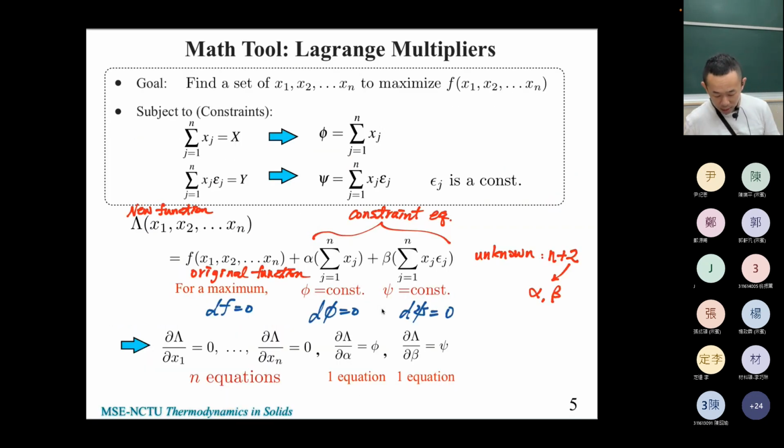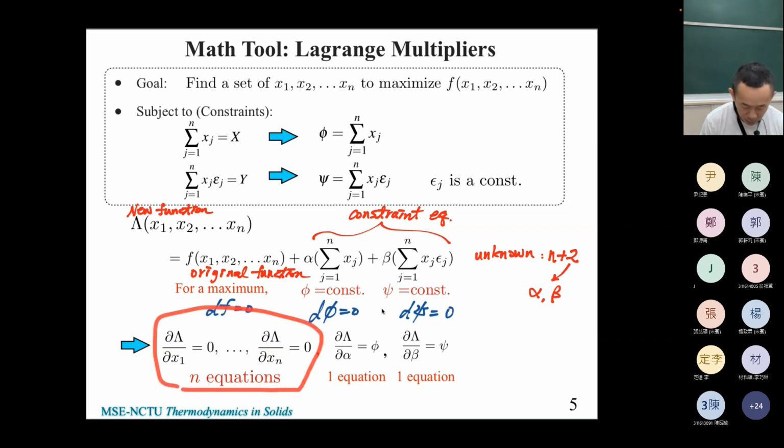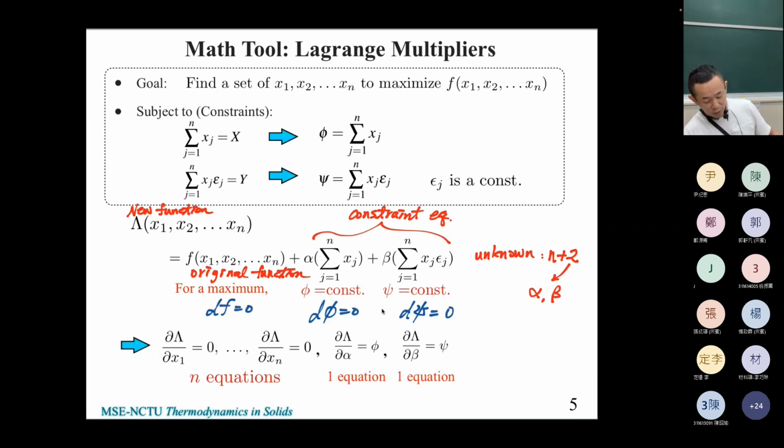So this tells us that if we differentiate with respect to x1, x2, xn separately, the new function's derivative will equal 0. For all of the x1, x2, xn, if you do the differentiation, there are n equations for you to solve.